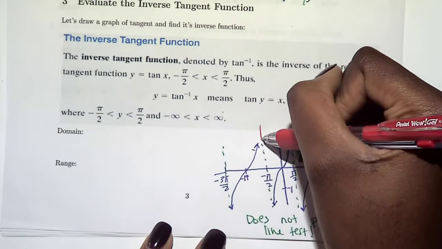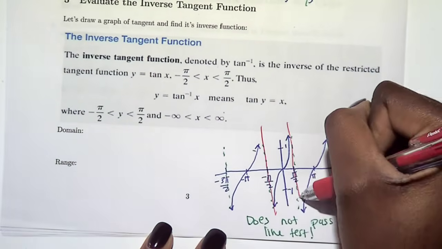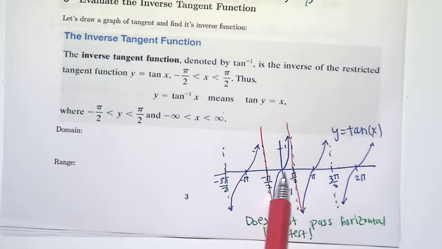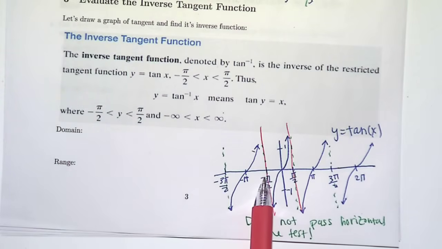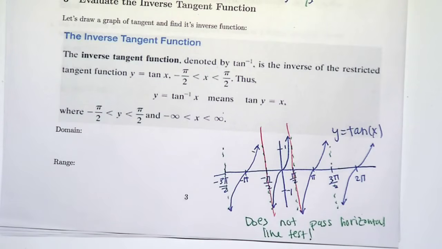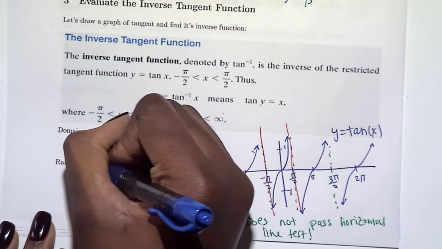And in fact, we're going to use negative pi over 2 to pi over 2, but notice tangent is not defined there. So we're actually going to use open intervals. Okay, so on our restricted domain of tangent, we're going from negative pi over 2 to positive pi over 2. So that is going to be the range for our inverse.